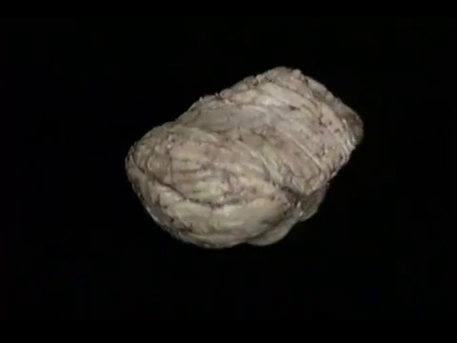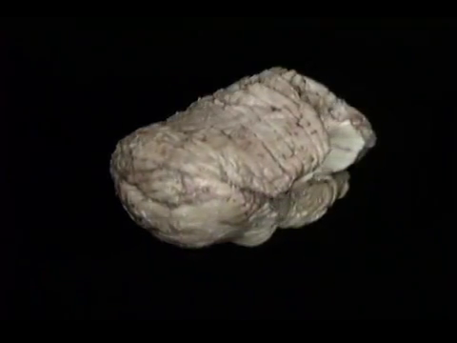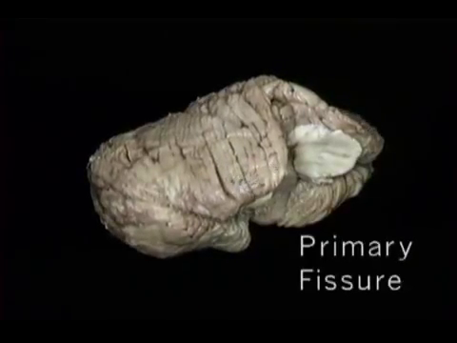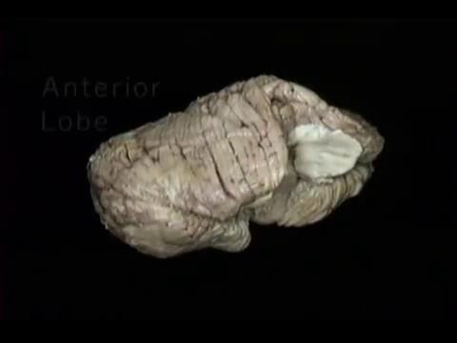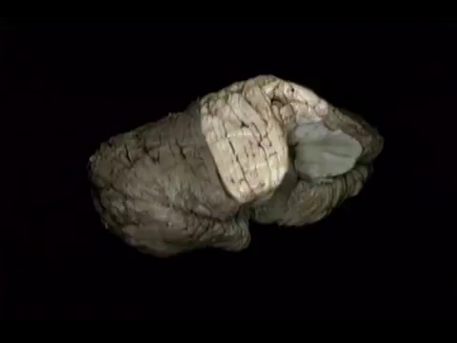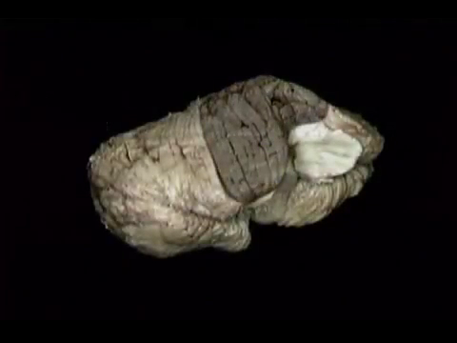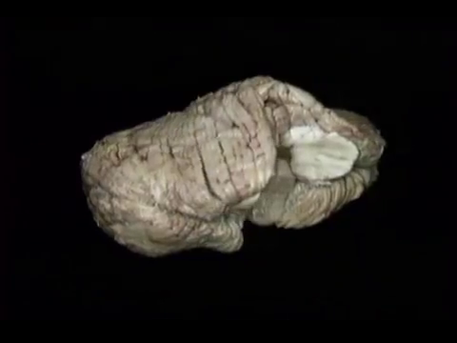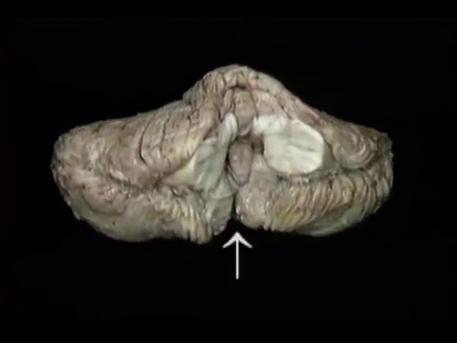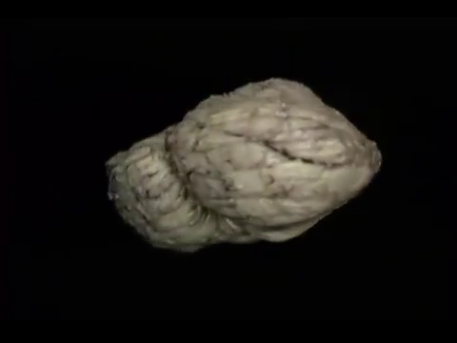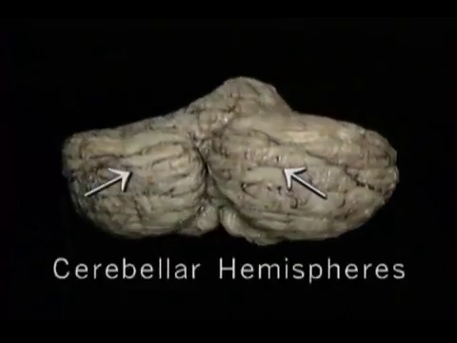To see the cerebellum better, we'll look at it by itself. The surface of the cerebellum is marked by many parallel fissures, some deeper than others. This deep primary fissure divides the cerebellum into a small anterior lobe and a large posterior lobe. A deep groove on the underside partially divides the cerebellum into 2 hemispheres.